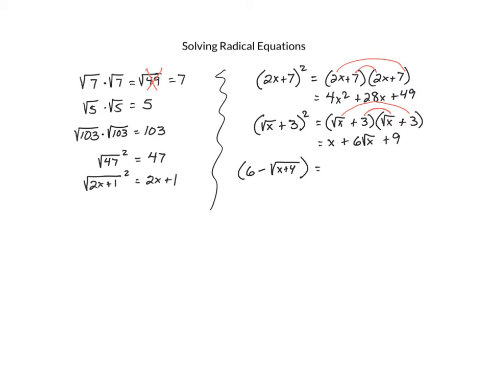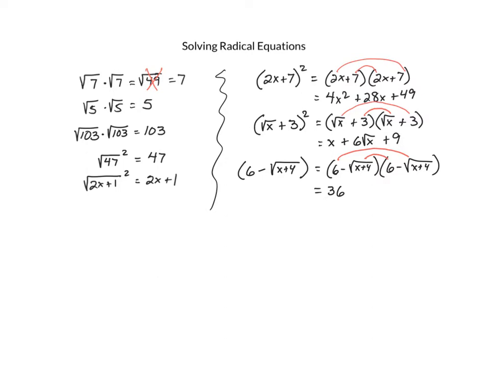So if I were to write this out, I would have it as 6 minus the square root of x plus 4 times 6 minus the square root of x plus 4. If we FOIL this out, we have 6 times 6, which is 36. We have a 6 times negative square root of x plus 4, and we have another one of those.